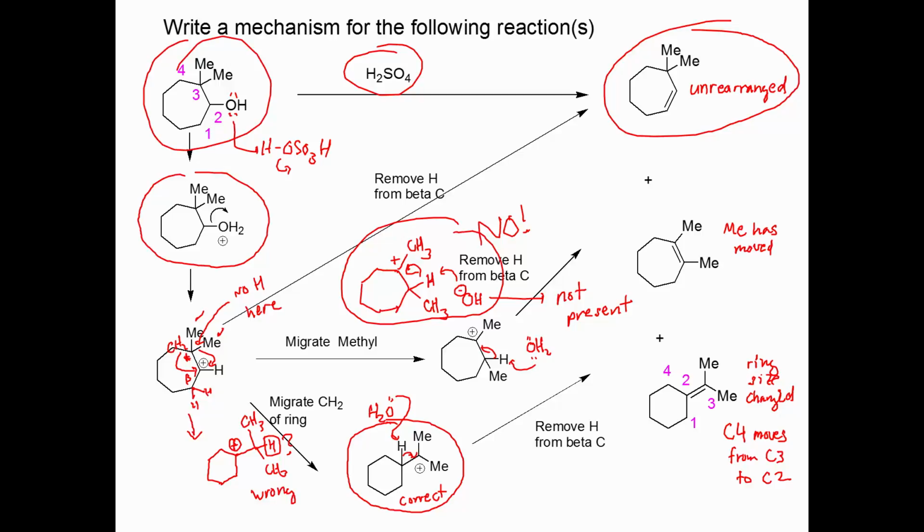But there should not be any hydroxide present. And these solutions are very acidic, so the concentration of hydroxide in acidic water is really, really puny. So you should use water or the bisulfate anion to do all of your deprotonations in a mechanism like this, and not hydroxide ion.